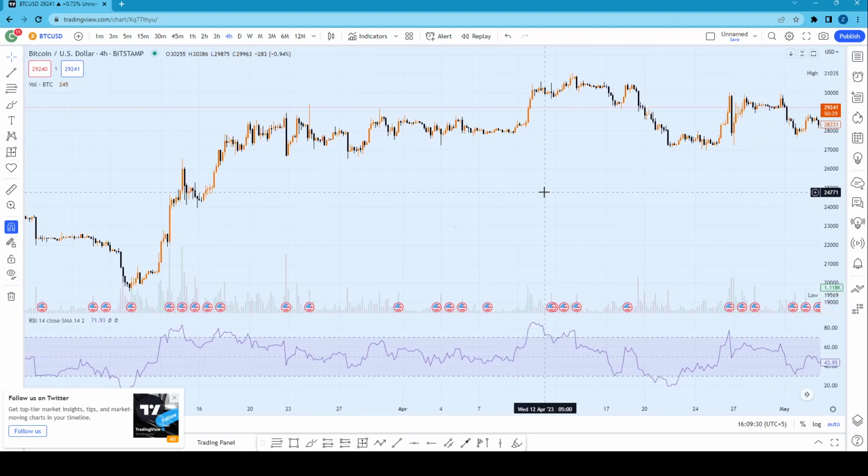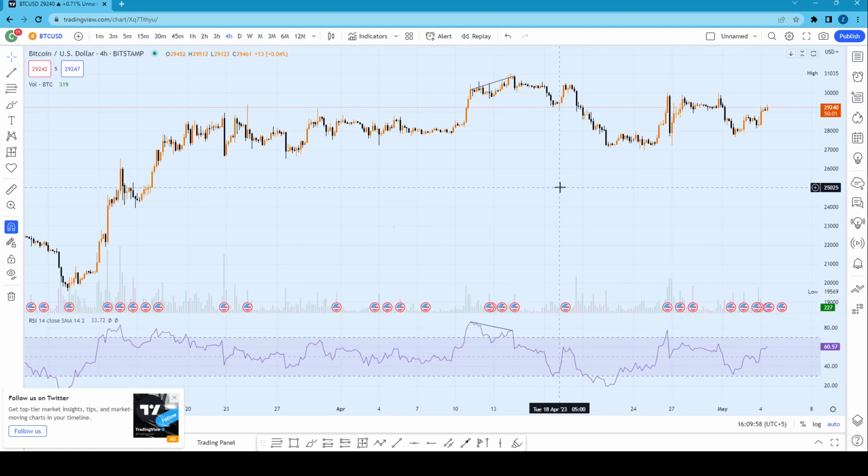All right, here we have one. You can see RSI made a high and then a lower high, while price made a high and then another higher high. This is called bearish divergence. This bearish divergence played out, and you can see how price came down after that.